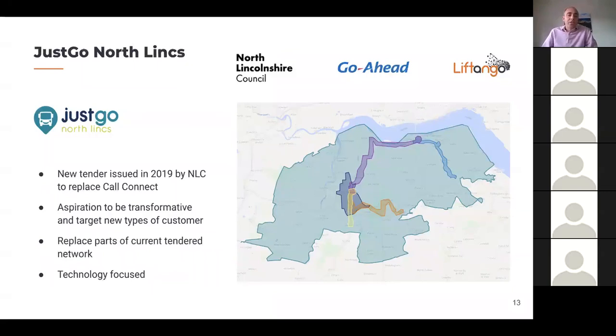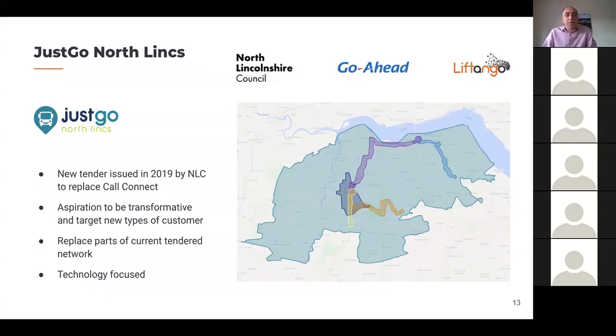The tender was issued in 2019 by North Lincolnshire Council to replace the Call Connect service. A key part of their tender specification was about delivering a transformative demand responsive transport system that would target new types of customers.